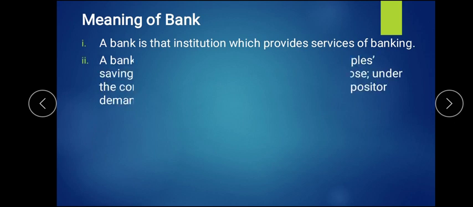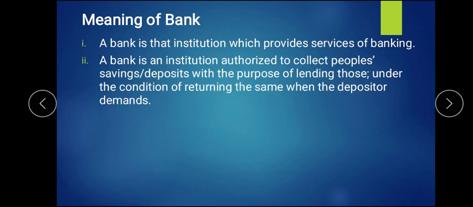Now another definition says a bank is an institution authorized to collect people's money, that is people's deposits or savings, with the purpose of lending those to other people who are in need, under the condition of returning the same amount when the depositor demands.